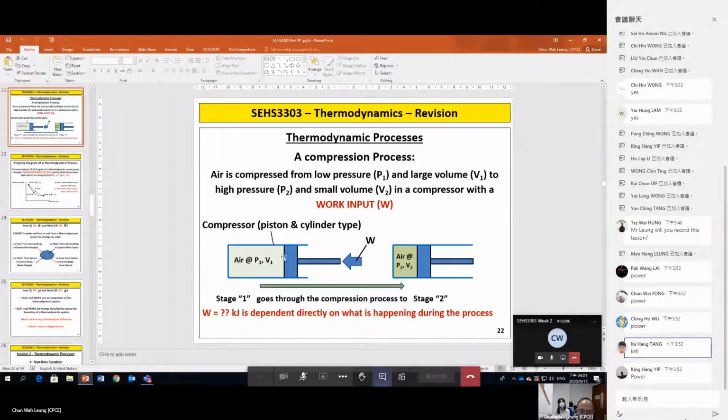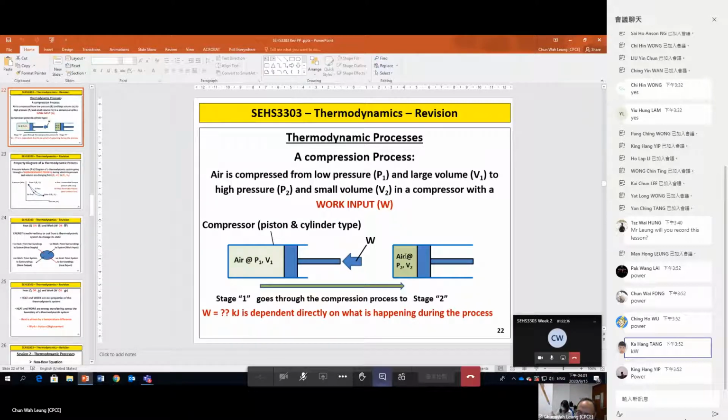The non-flow system starting with state 1, that is P1 and V1, and then of course T1, U1, H1, and then by supplying a work done to compress it, it will become a high pressure air at the end of the process.